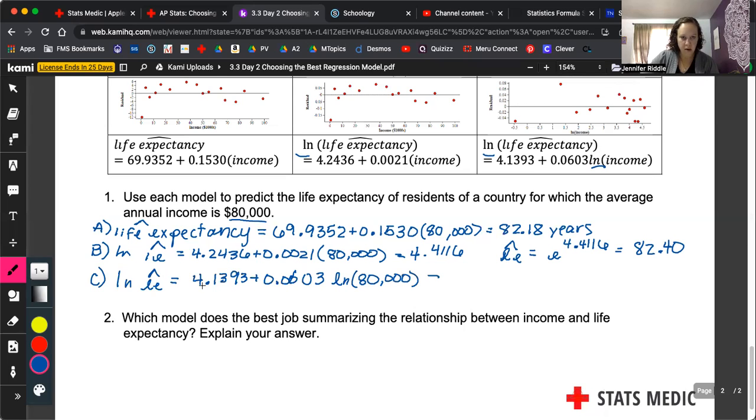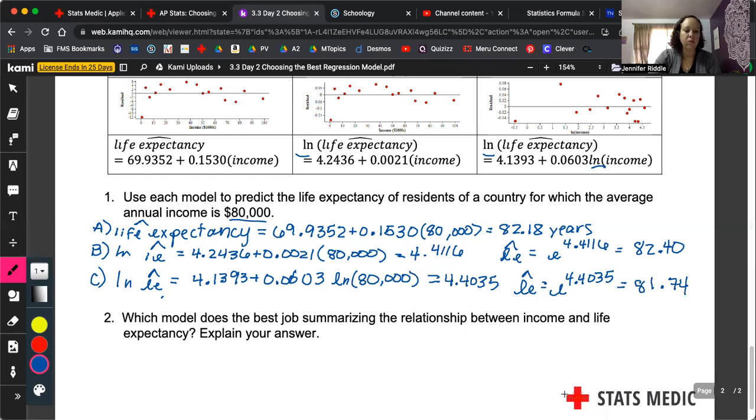And so I can put all of this directly into my calculator to get 4.4035. And just like before, it was equal to the natural log of the predicted life expectancy. To find just the predicted life expectancy, I need to do e to the 4.4035, which comes out to be 81.74 years. So very slight changes in the amount of years, but ultimately giving us a different answer.